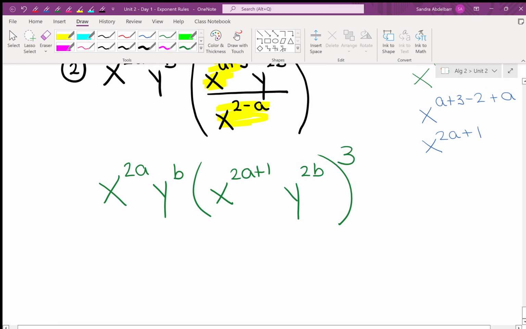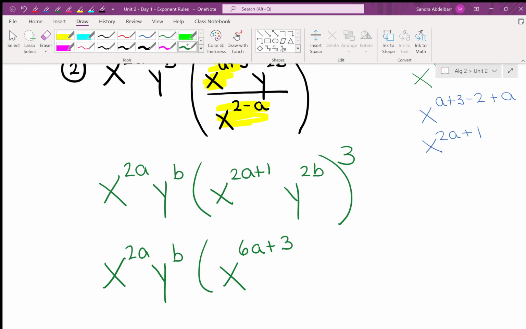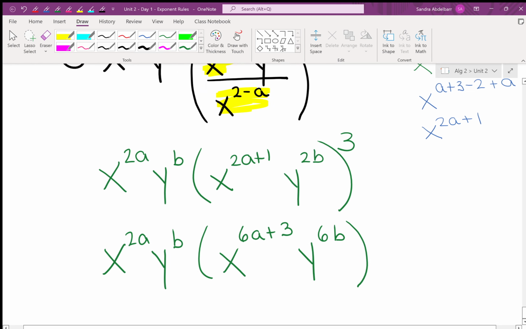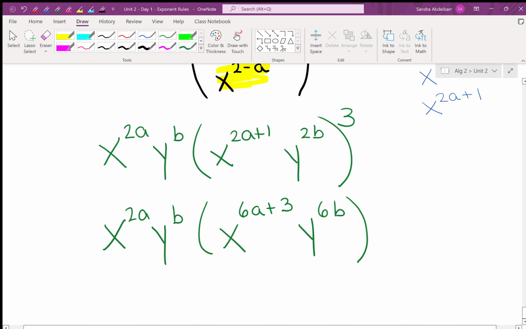So this is going to be x to the 2a, y to the b, times x to the 6a plus 3, y to the 6b. Are we okay so far?